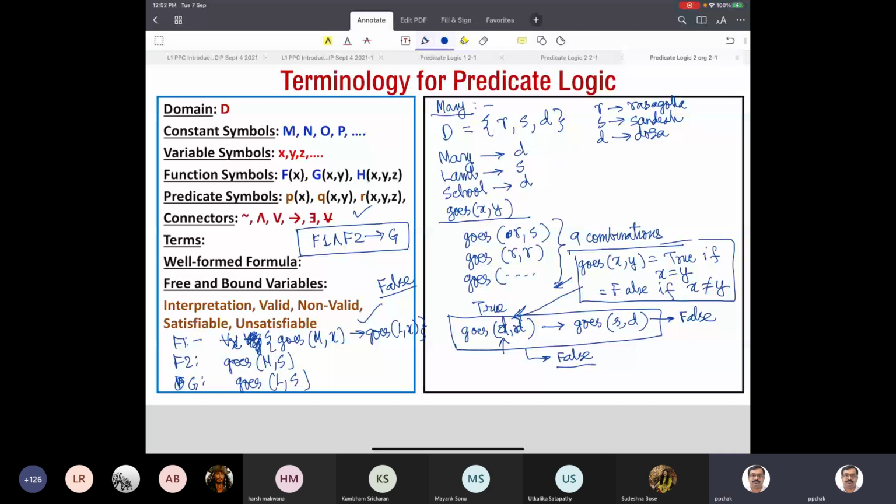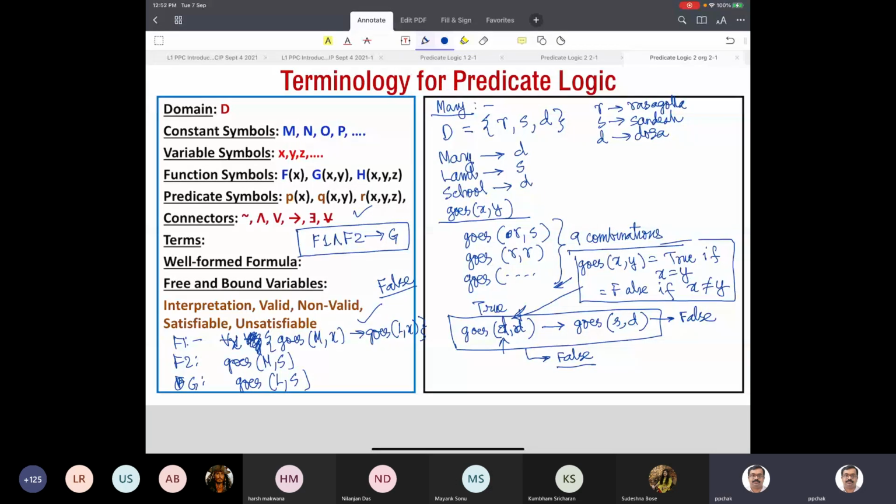In this case, F2 is false or F2 is true? False. And G is true or G is false? Sir, true. G is true. L is mapped to S and school is mapped to D. L is mapped to Sandesh and school is mapped to Dusa.